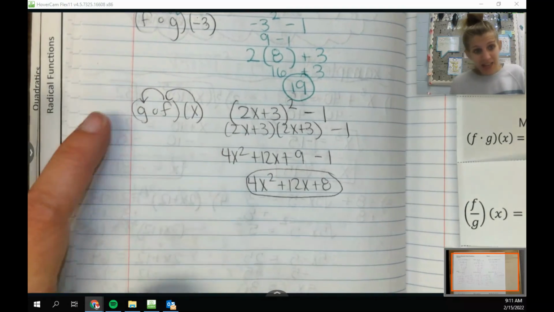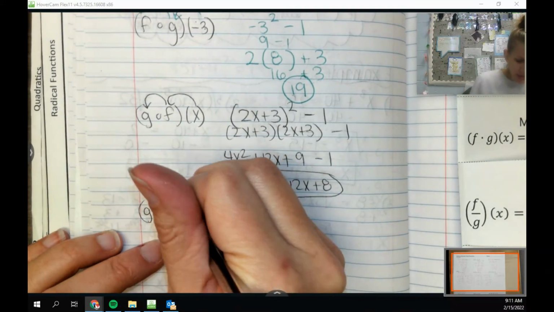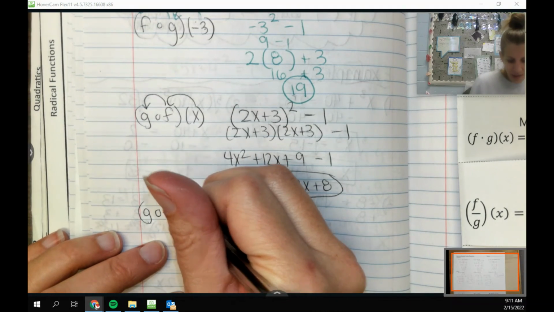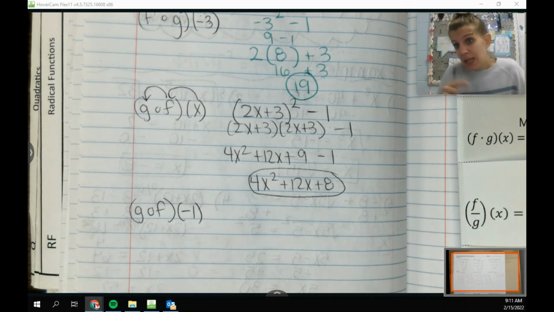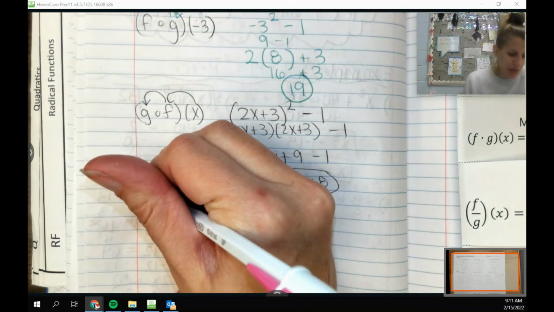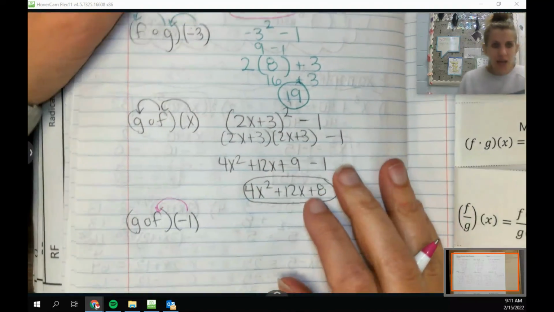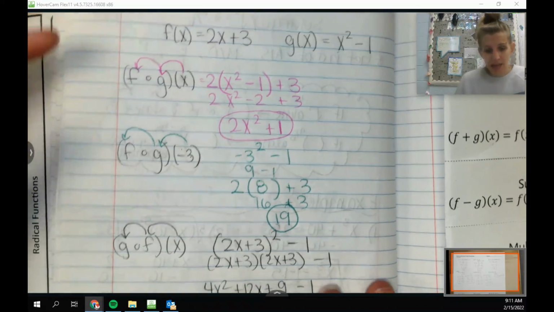And then if I take g composed with f of, I don't know, -1, sure, funsies. Now I'm plugging in a number rather than just an x. So -1 is going to go into f. The f function multiplies by 2 and then adds 3.